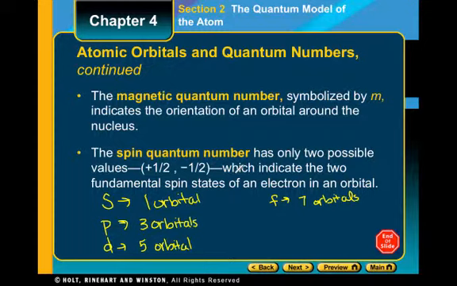So it's a total of 6. How about in the d sublevel? How many electrons would be possible? 10, because we have 5 orbitals. Each orbital holds 2 electrons, maximum. Now, it might not be filled. It depends on what element you're looking at. But you have a maximum of 5 orbitals and 10 electrons.